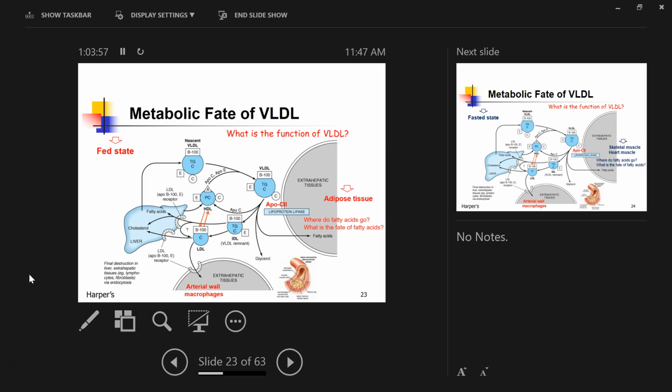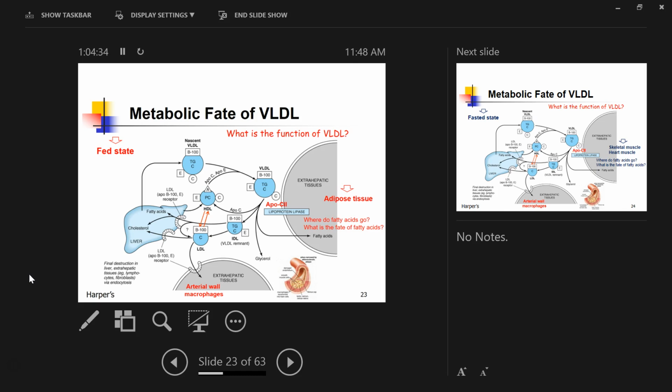Once VLDL has released the majority of its triglyceride, it becomes the VLDL remnant, which is IDL. IDL contains much less triglyceride in the core, and also loses the ApoC, giving it back to the HDL. That makes sense, because as long as you have ApoC, particularly ApoC2, on the surface, you keep this enzyme active and continue to hydrolyze.